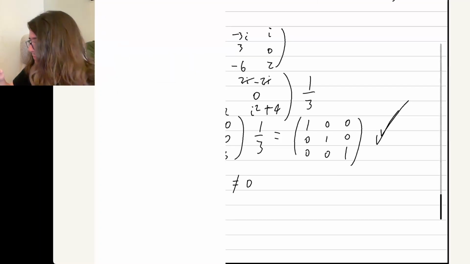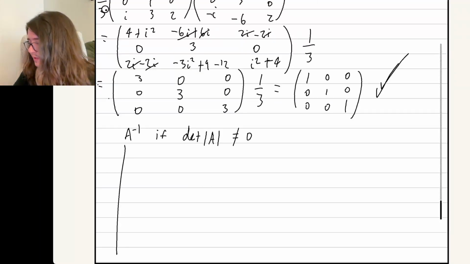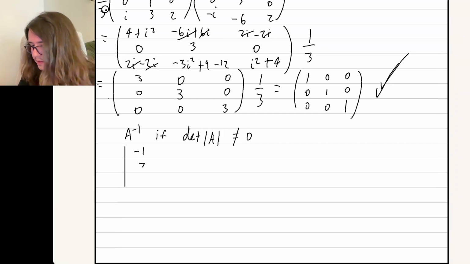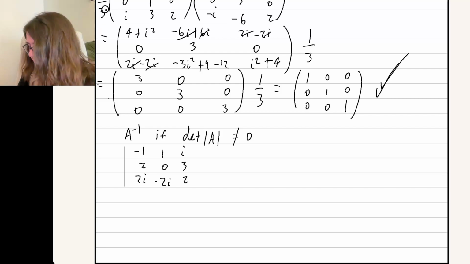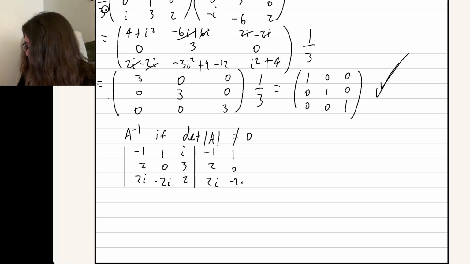So what we have to do right now is we just have to do the determinant of A. And if it's 0, then we can conclude that it does not have an inverse. So I'm going to do the same thing where I write out the rows or the columns down here and do the diagonal multiplication again.